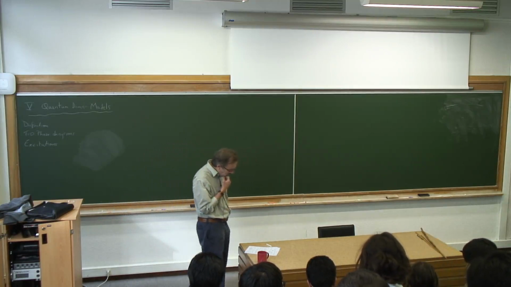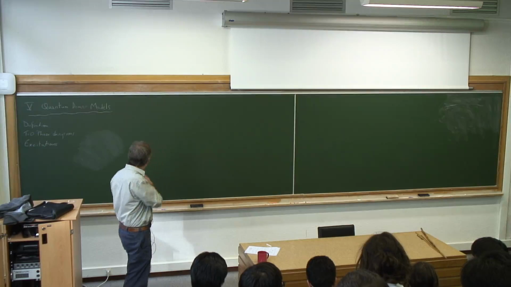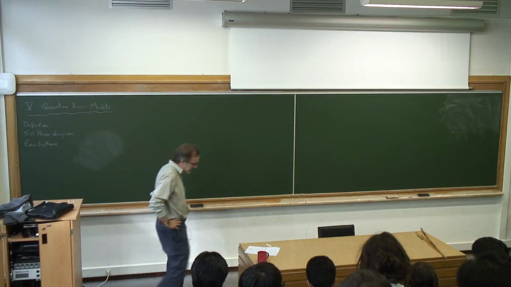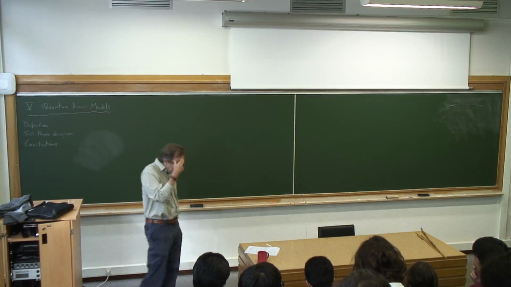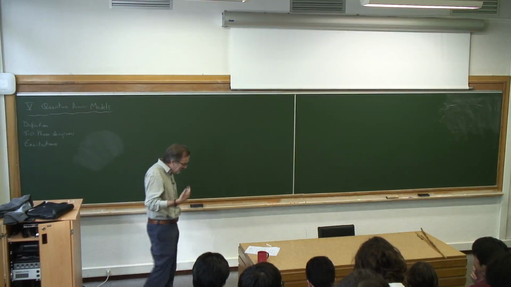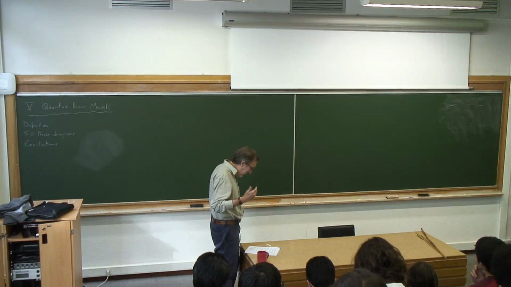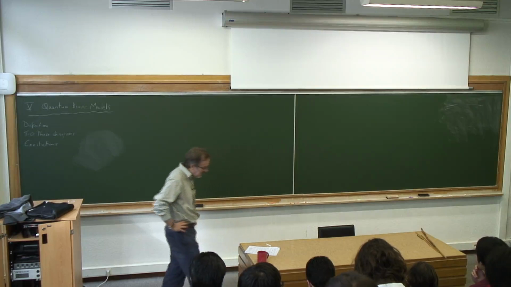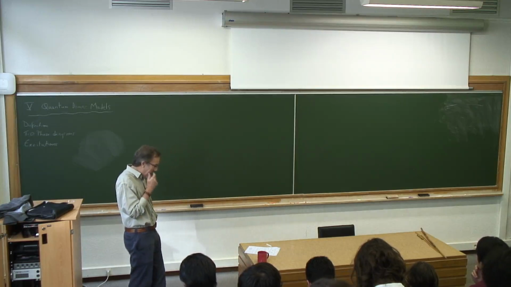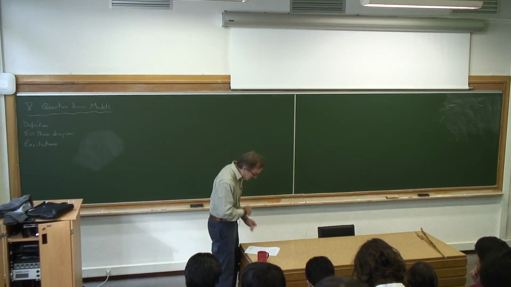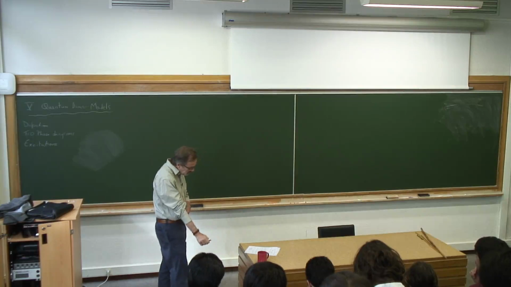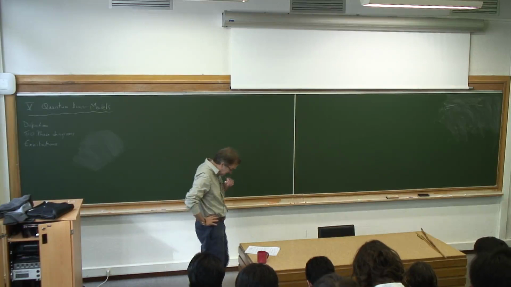And what I want to talk about in this lecture, and to some extent in the final lecture, is quantum dimer models, which are models at least somewhat related to spin problems, which exemplify this kind of topological order in quantum systems.